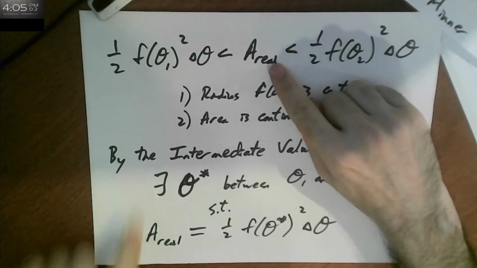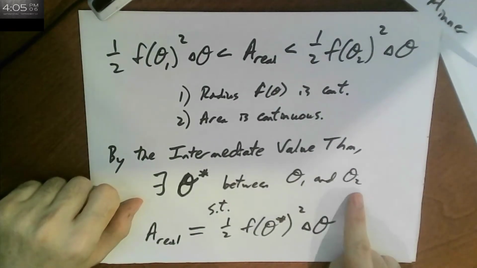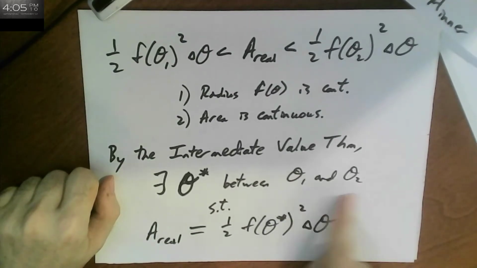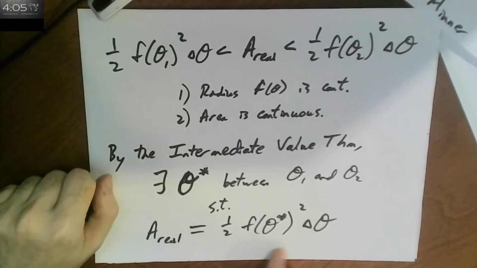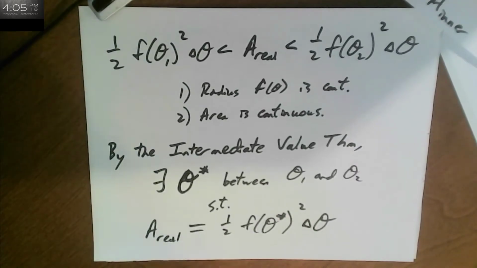Because the real value of area lies between area at theta 1 and area at theta 2, there is an angle between them that the real area is equal to, right? If I use that angle between them, the value I get is the same as the real area. Cool. How useful.